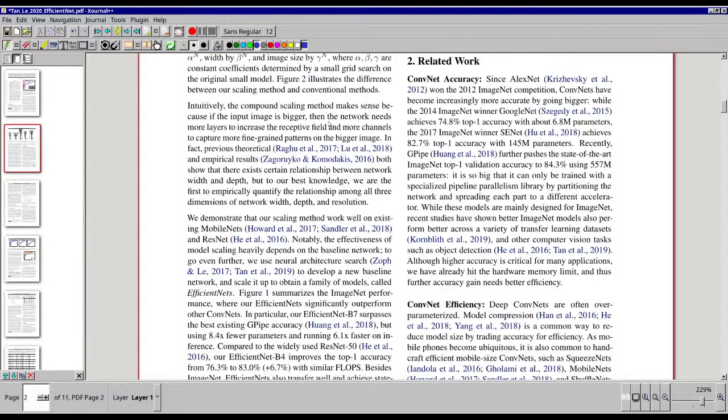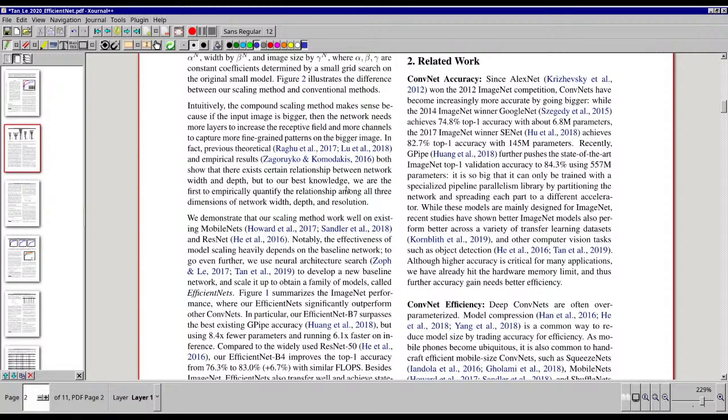Intuitively, the compound scaling method makes sense because if the image is bigger, then the network needs more layers to increase the receptive field and more channels to capture more fine-grained patterns on the bigger image. In fact, previous theoretical and empirical results both show that there exists a certain relationship between network width and depth.